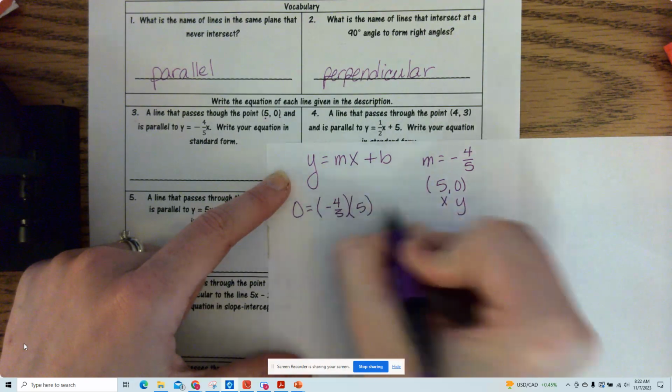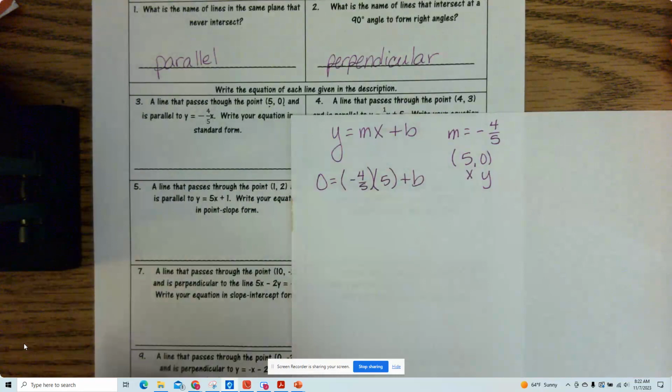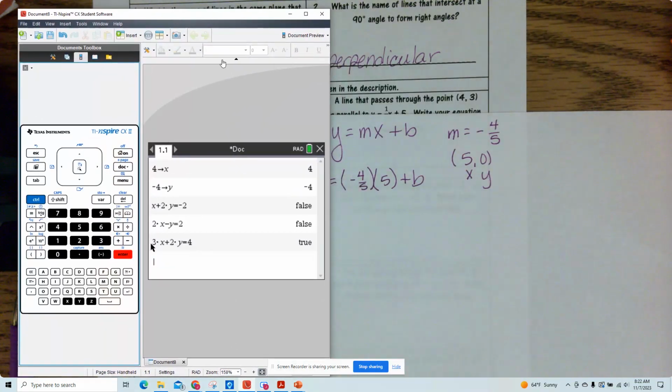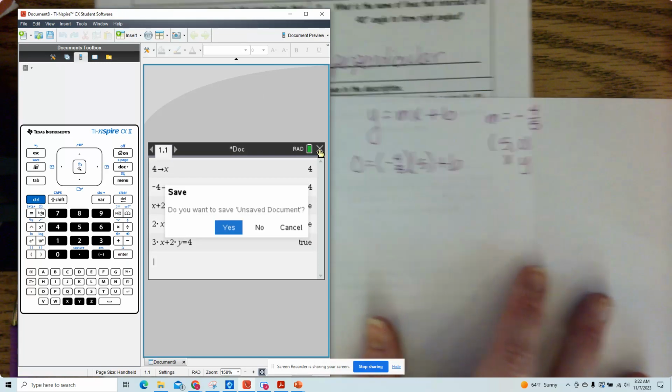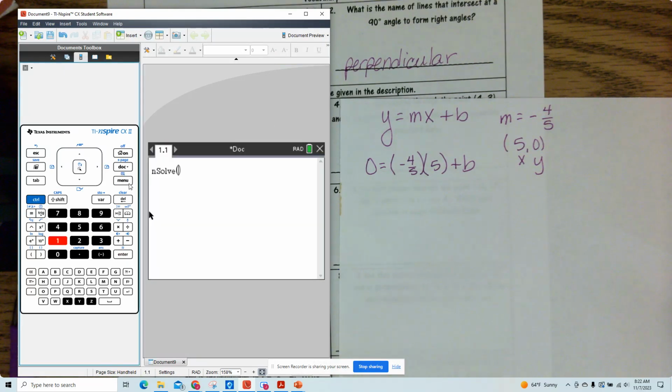X is 5 plus B. At this point, the calculator will do the heavy lifting for me. So exit out of that. Start a new one. So menu 3-1, 0 equals negative 4/5. I'm so glad that y'all understand how to do this and you don't need me to work through anything on this page.